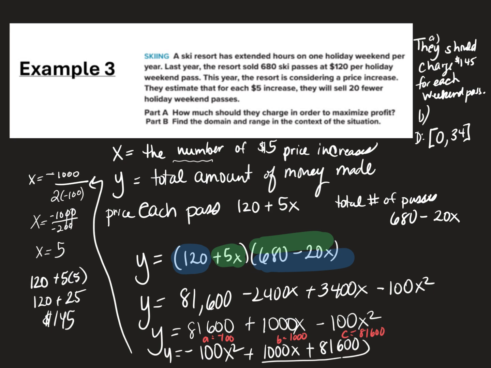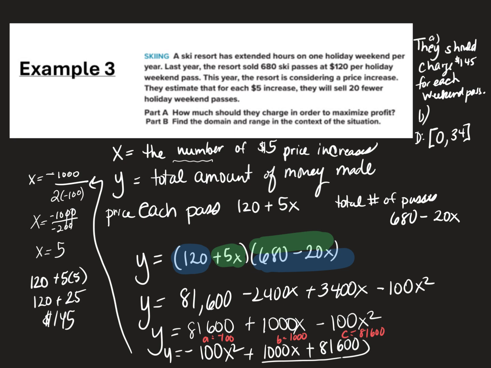How you get that is, I can't have a negative number. Let's start here. I can't have a negative number here. The total number of passes cannot be negative. So if I put 0 here, I can't have a negative number of passes, period. The number of $5 price increases has to start at 0. So you either have 0 or you have more.